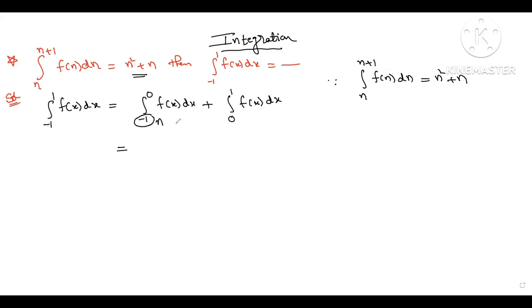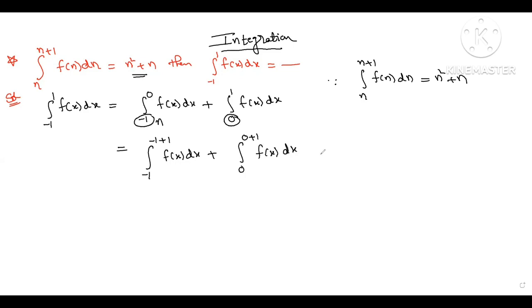Here n is equal to minus 1, so 0 can be written as n plus 1 combination. Here minus 1 to, in the place of 0 we should write minus 1 plus 1, f of x dx, plus here n value is 0 in this second integral part. Here in the place of 1 we should write 0 plus 1, f of x dx.